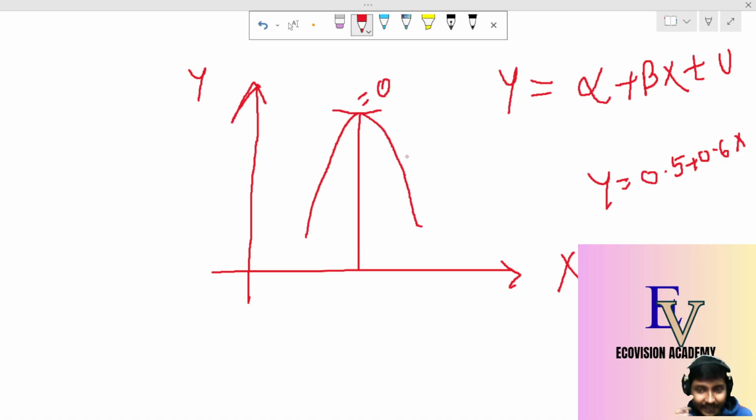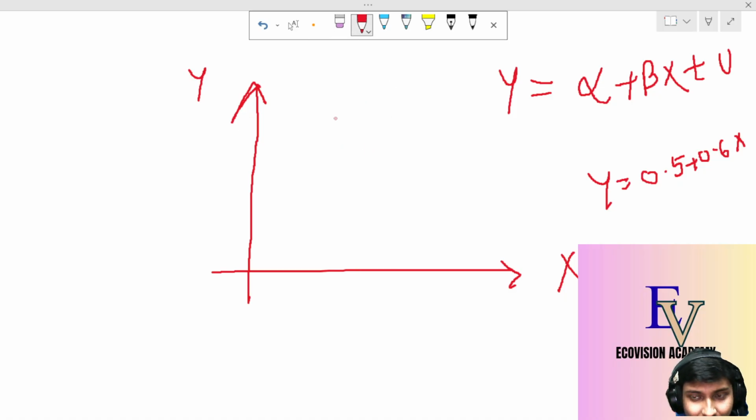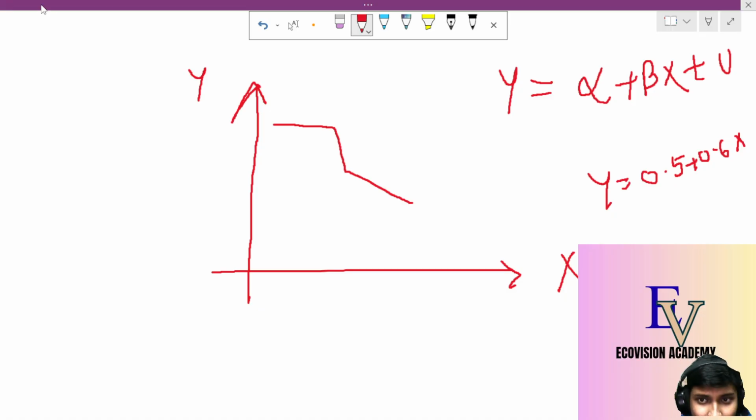The most important thing is that my regression line will not always look like this or always look like this. It may look like this, may look like this. Suppose I am giving you an example.